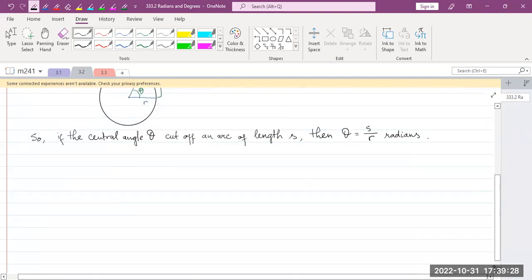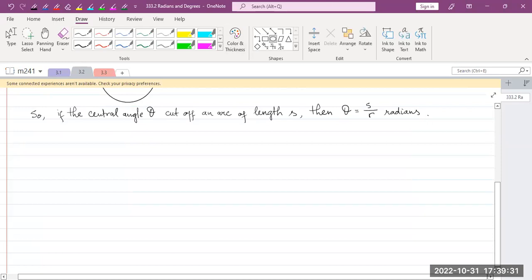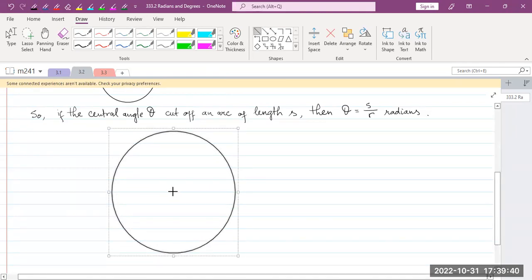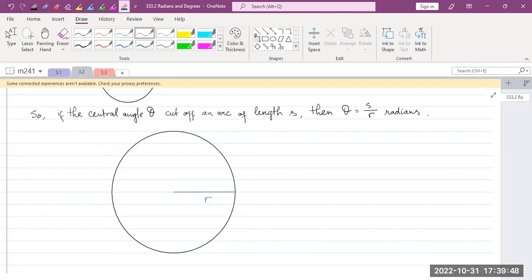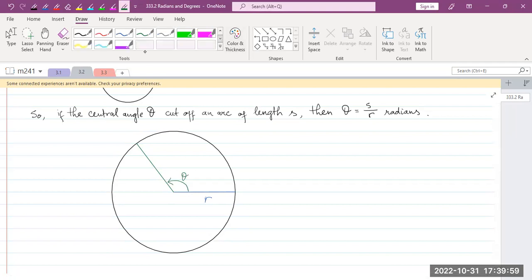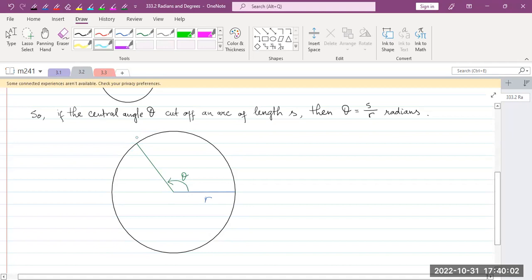Okay, pictorially, suppose I have that circle again. Let me make it a bit bigger now. And then this is the radius, radius r. The angle sweeps through or cuts off. Let's say this is the angle theta here, such that the length of the arc is s.